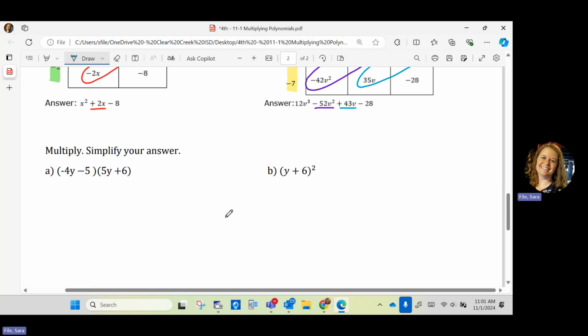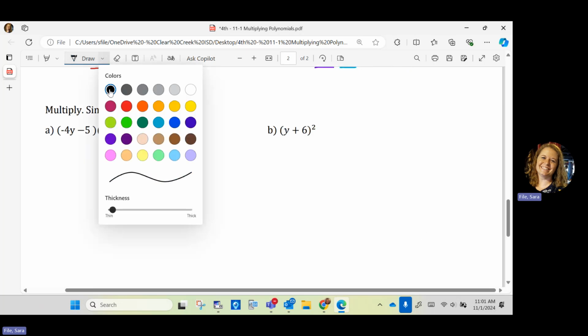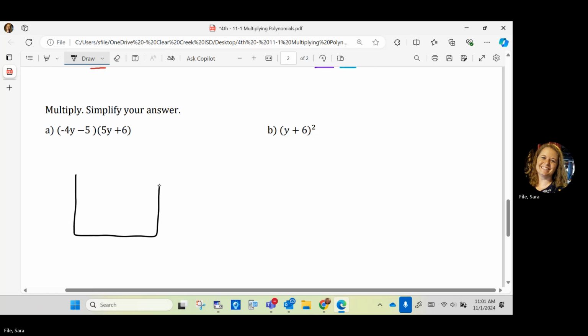Okay, on A, I've got a binomial times a binomial, so that is going to be a 2 by 2. 4y minus 5 is the first binomial, and 5y plus 6 is the second binomial. All right, so each piece gets multiplied by the other.